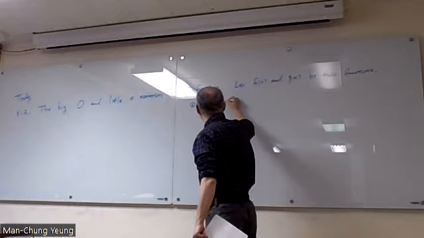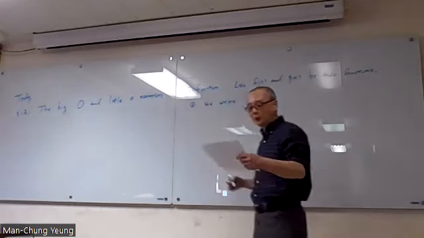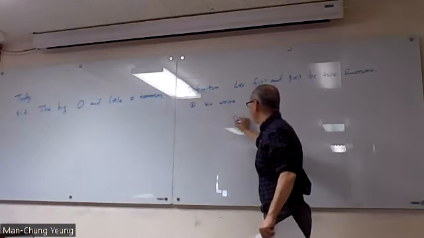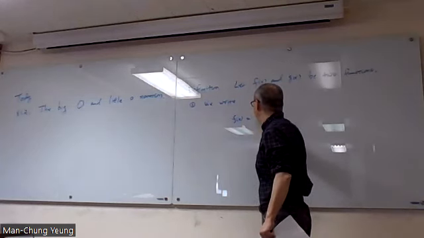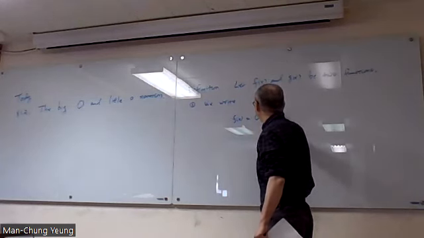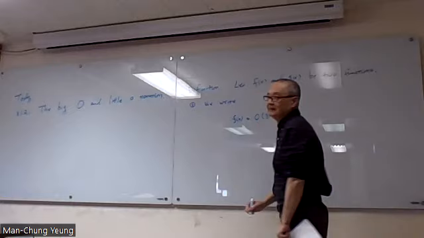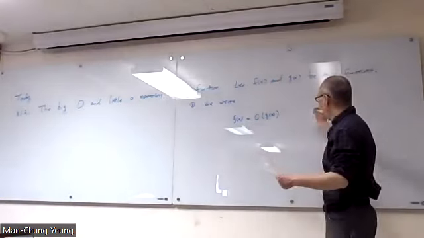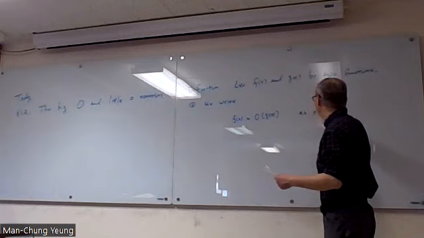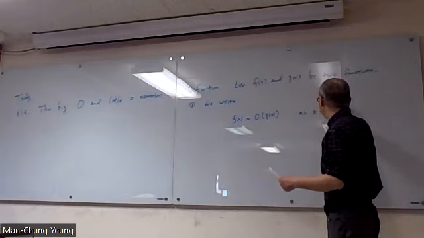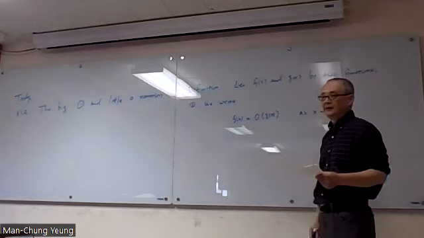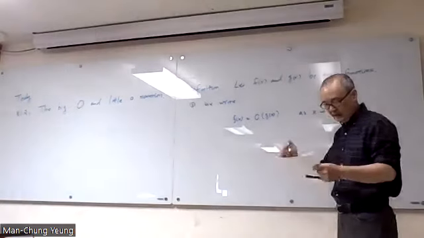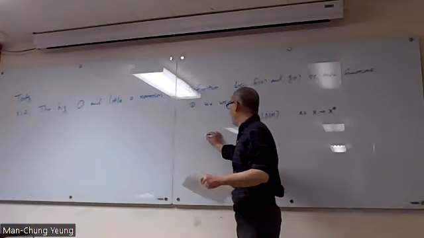When we write the following notation, function f is big O of function g as x approaches x star, what does this notation mean?